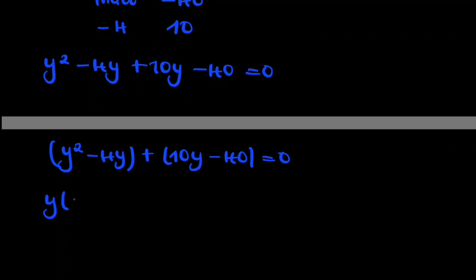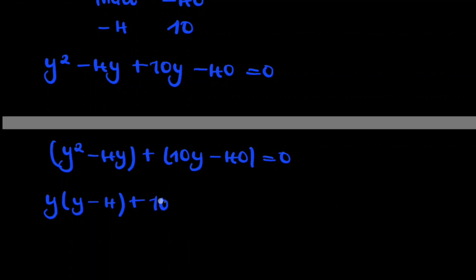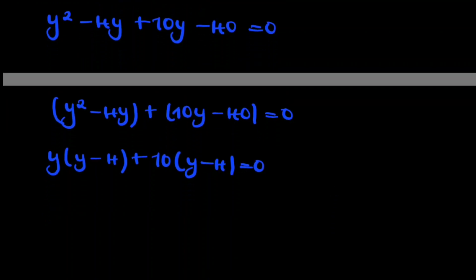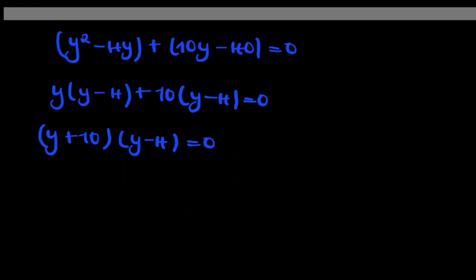Here y is a like term, so y(y - 4), and in this bracket 10 is a like term, so 10(y - 4). So (y + 10)(y - 4). Now the two values of y are y = -10 and y = 4.